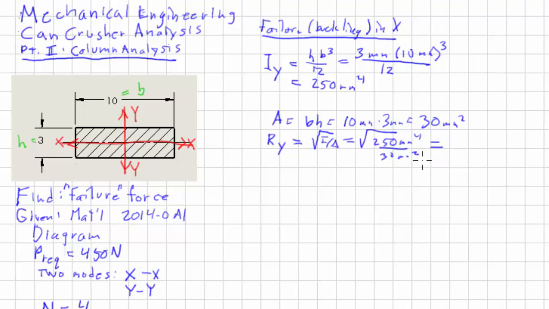R ends up 2.89 millimeters. So that's the radius of gyration.